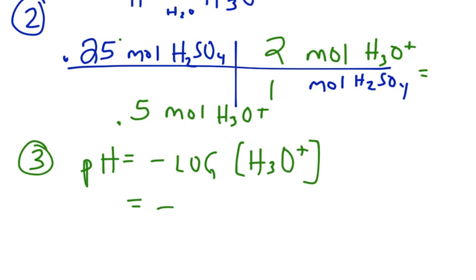So I can just plug and chug the negative log of 0.5, and when I put it in my wonderful little calculator, I get 0.3. Because, oh yes, you were lied to. You were told the pH scale went 0 to 14. For the record, no it doesn't. You can have a negative pH. It is very uncommon, but it's possible. You can have a pH over 14. It's very uncommon, but it's possible.